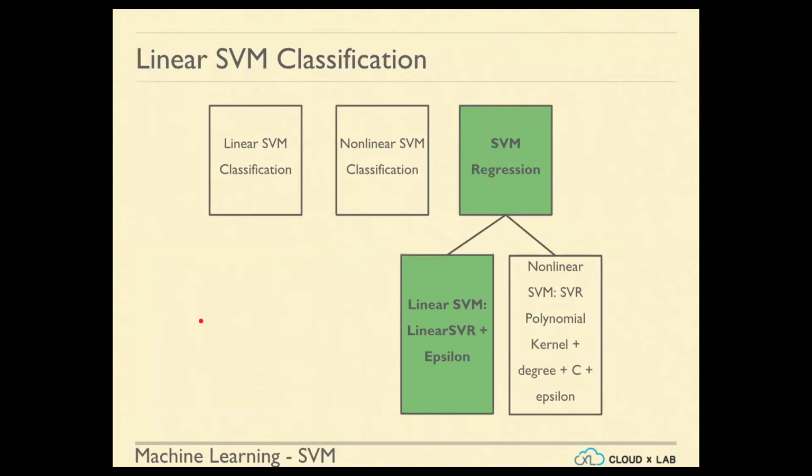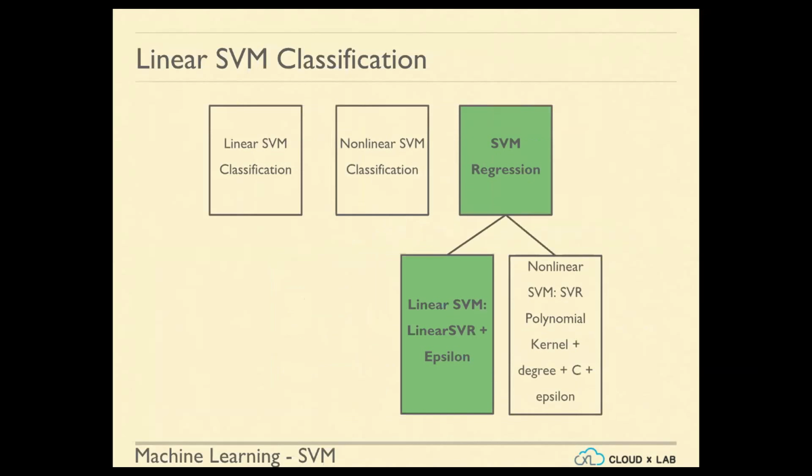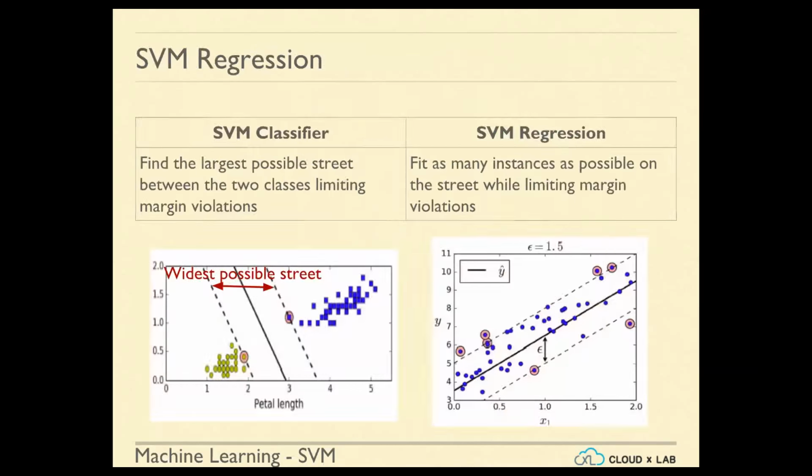Great. So the SVM regression is based on a similar technique as we just discussed. Let's go over SVM regression a little bit more, and then we will continue with the decision trees. In the SVM classifier, the algorithm worked by finding the largest possible street between the two classes, doing a trade-off between limiting the margin violations and the street width.